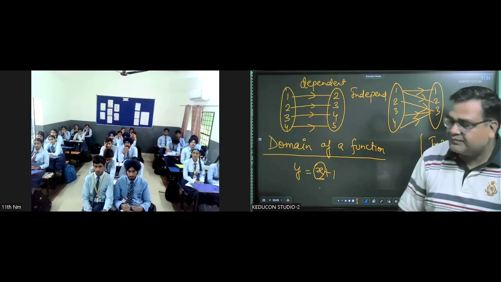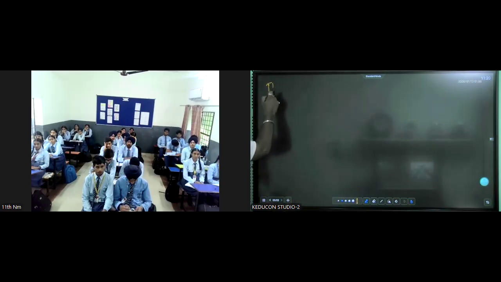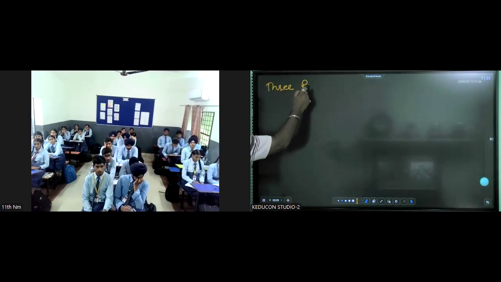Not clear? Now, how to find out the domain of a function? There are three rules to find out the domain of a function.